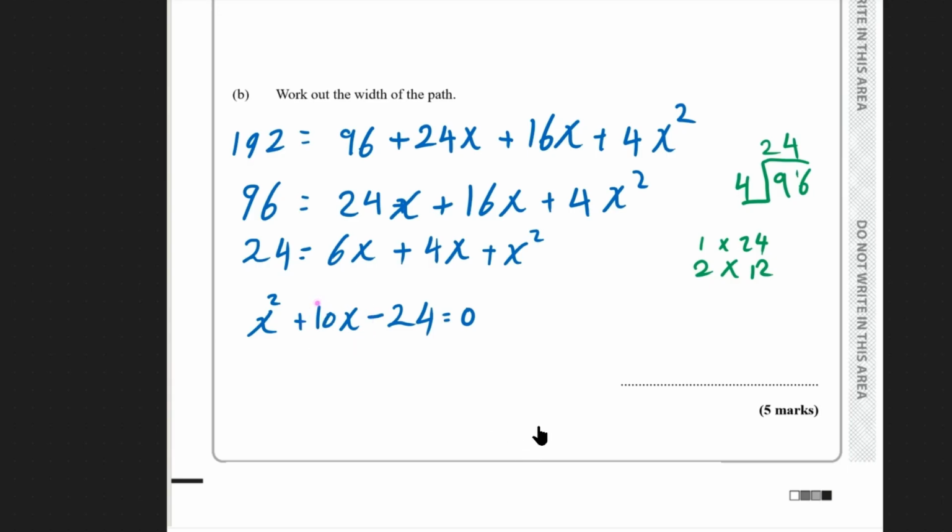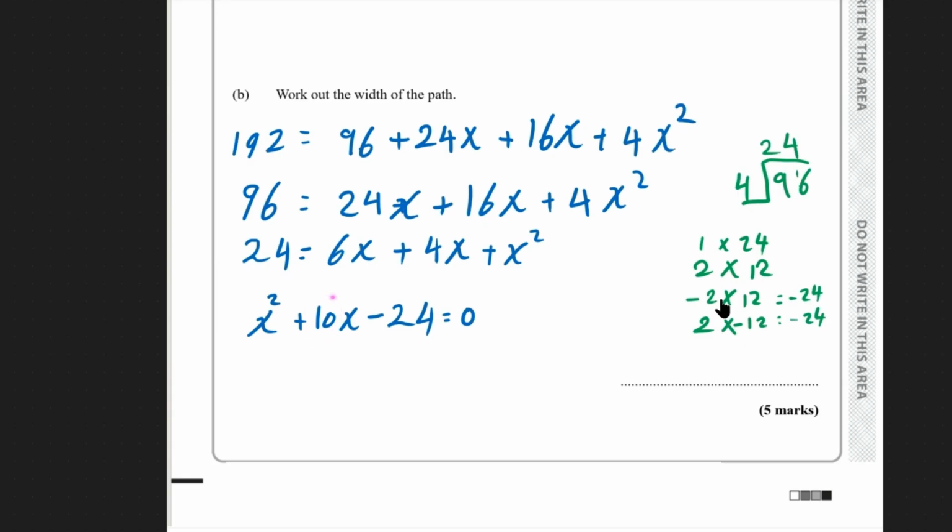So let's have a go at this one. But 2 times 12 here is plus 24, while we have minus 24 here. So there are two options: either minus 2 times 12 or minus 12 times 2. Which one should we do? Both give minus 24, but these two numbers, if added together, must give plus 10.